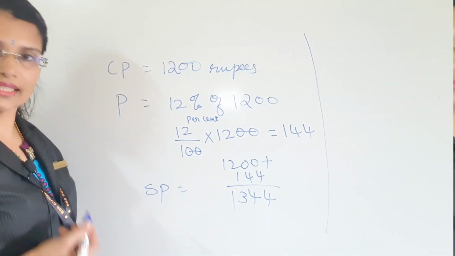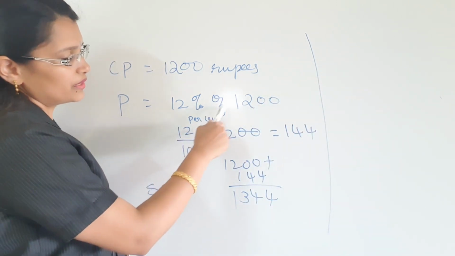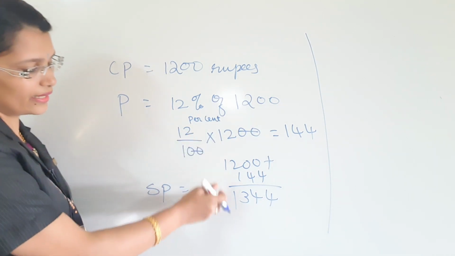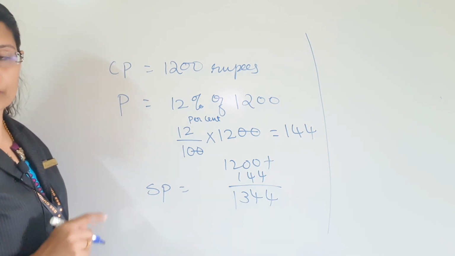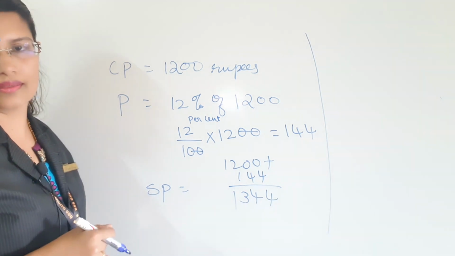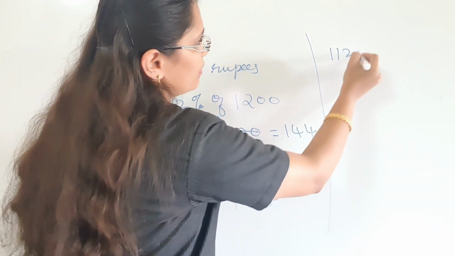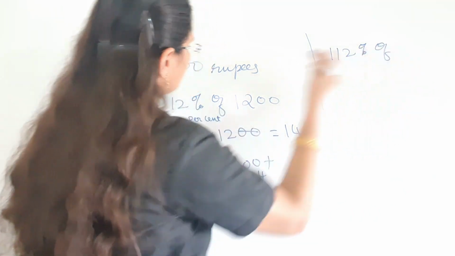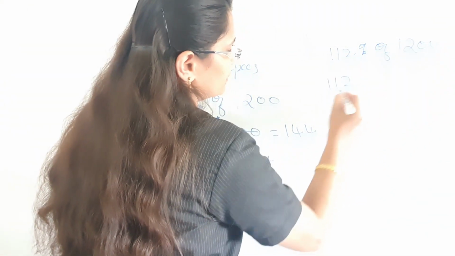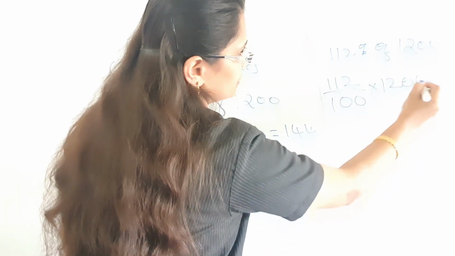Understood? There is another method also, we can compute directly. So here 12% of 1200, right? Instead of doing this and adding this, within single step we can do 12%. You can directly add 100 plus 12, 100%, right? So 100 plus 12 is equal to 112% of this cost price 1200 is equal to 112 by 100 of denote multiplication 1200.